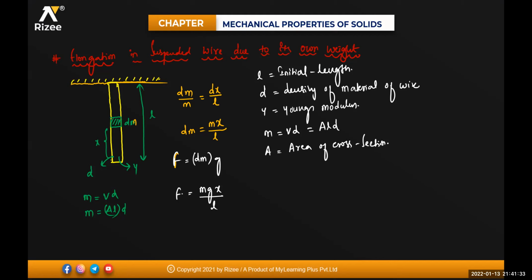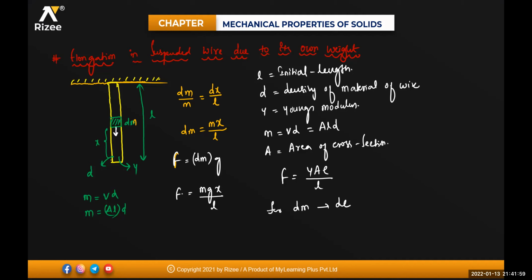If I'm talking about elongation due to its own weight, what is the formula, beta? What is the formula I can write here? Just now written, F is equal to Y A e divided by L. If I'm writing the elongation for this one, for this dm, elongation will be de, isn't it? So how much amount of force am I applying on that one, beta?